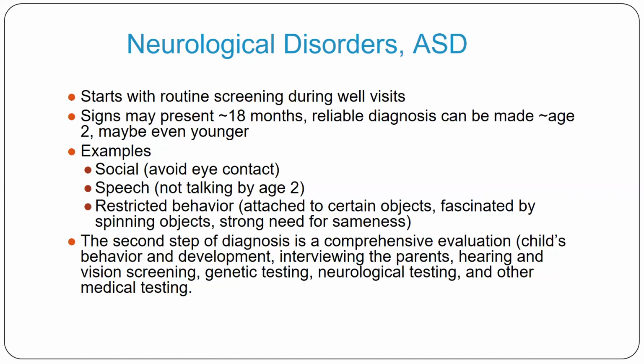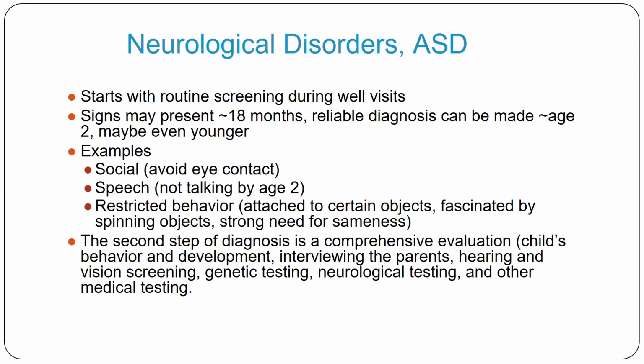We usually expect kids to start talking fairly regularly around age 2, but that might be delayed in someone on the spectrum. Restricted behavior, a lot of kids have this, but if it seems a little bit more significant, if they're really attached to certain objects, fascinated by spinning objects, have a strong need for sameness, it would be something that you would talk to your pediatrician about.